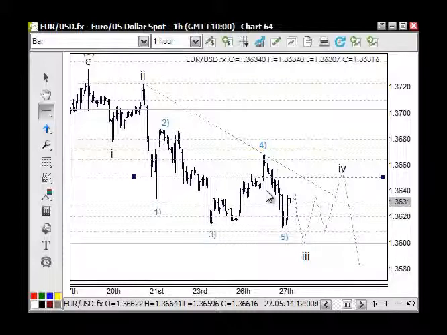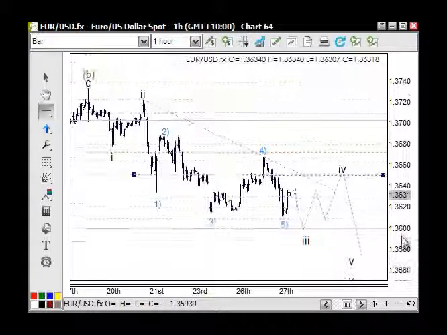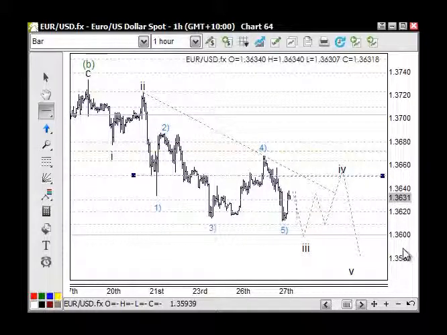So look, it's still sort of choppy here. We know that the 136 is important as a support in terms of Fibonacci retracement. So we'll just see how it develops on this low here.